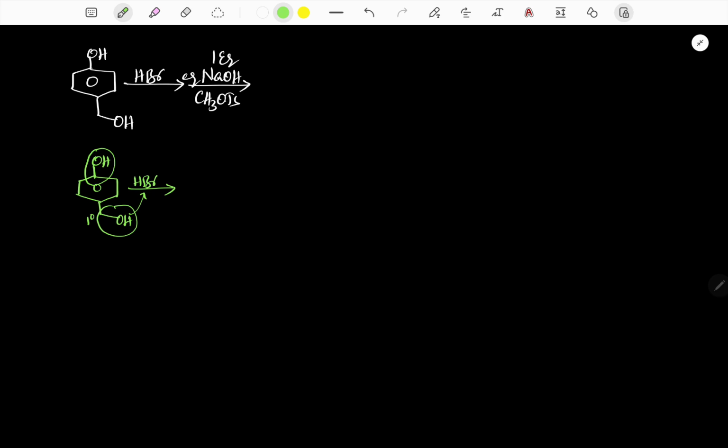Since it is a primary benzylic, it follows the SN1 mechanism. Therefore the corresponding product: first the OH we have to remove in the form of H2O. Because of the addition of H plus, it forms a stable C plus. Now it reacts with Br minus, and finally we get the corresponding alkyl bromide.